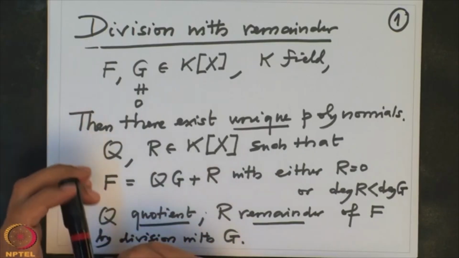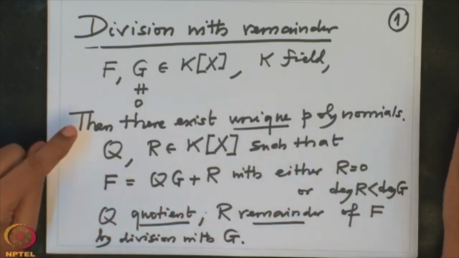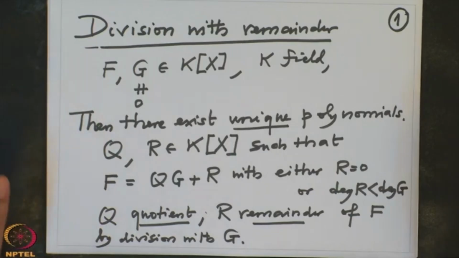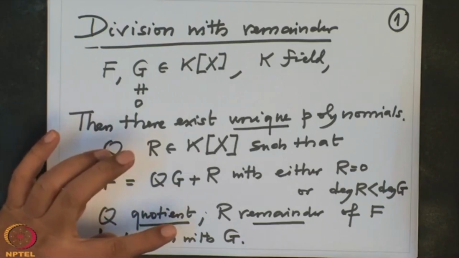But before we prove it, I just want to remind you, this is precisely what we studied in school. Given two natural numbers, one of them non-zero, we could divide the other by it to get a quotient and a remainder.